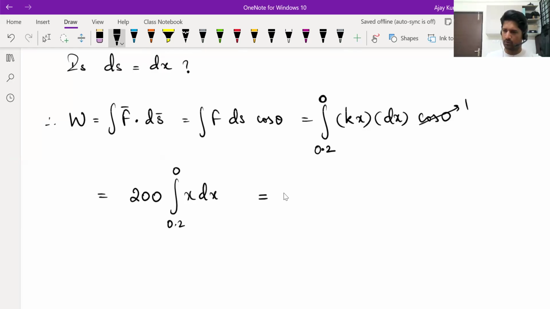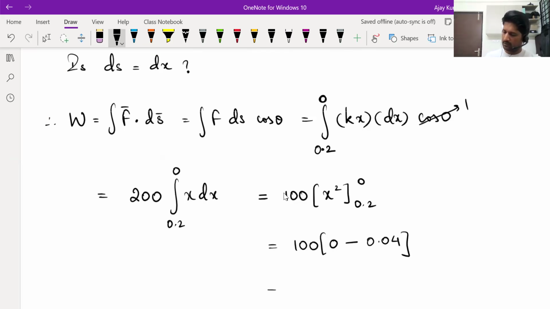X square by 2. That by 2 and this 200 will become 100. You will be left with x square from 0.2 to 0. Substitute limits. Substituting the upper limit makes it 0. Substitute the lower limit. 0.2 whole square is 0.04. So the answer turns out to be minus 4 joules.